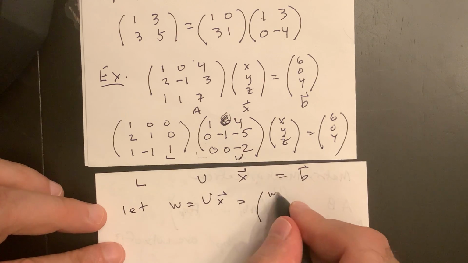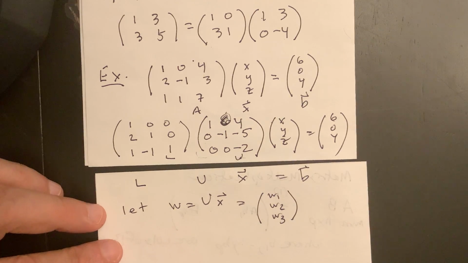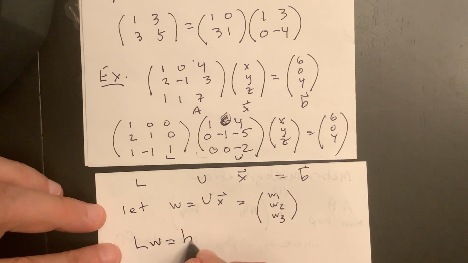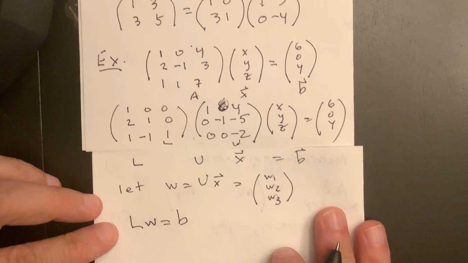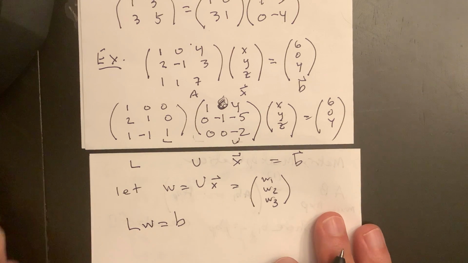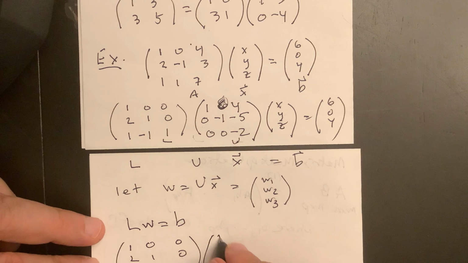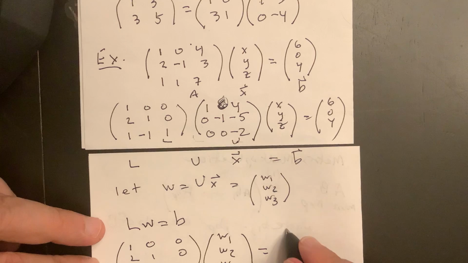So this will just be W1, W2, W3. Okay, then I can write LW equals B. Okay, but L is already in lower triangular form, so I can do not a back substitution, but a forward substitution. So this says 1, 0, 0, 2, 1, 0, equals 6, 0, 4.